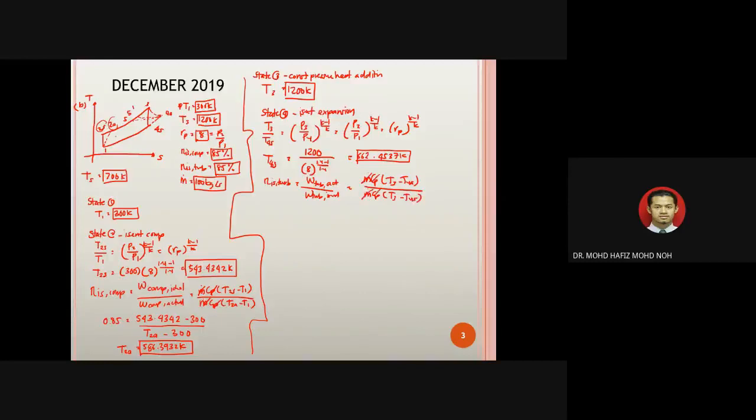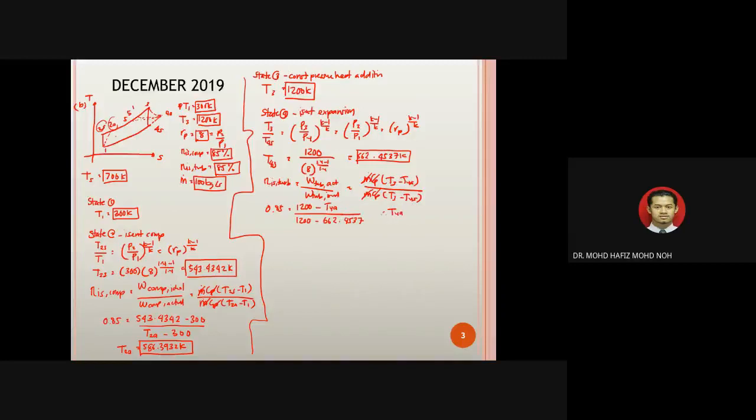So you get the isentropic efficiency in terms of temperature. Applying the values: 0.85 equals T3, which is 1200 Kelvin, minus T4 actual, which is the parameter you want to calculate, divided by 1200 minus T4S, where T4S is 662.4537.